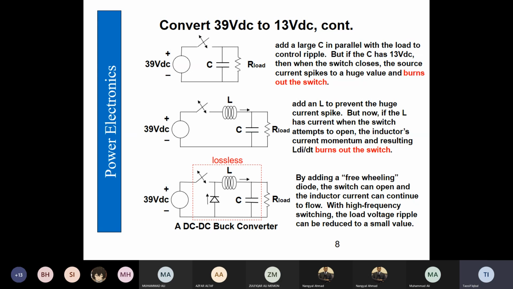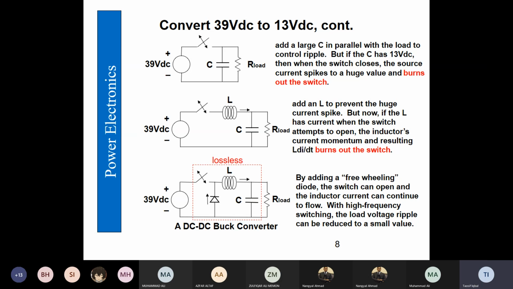Therefore, during the opening of the switch, it would generate a very high voltage spike, which can again damage the switch. So we have to provide a freewheeling path using a freewheeling diode, and therefore we need all four components because they keep other components safe. So that is why this is the minimum requirement.